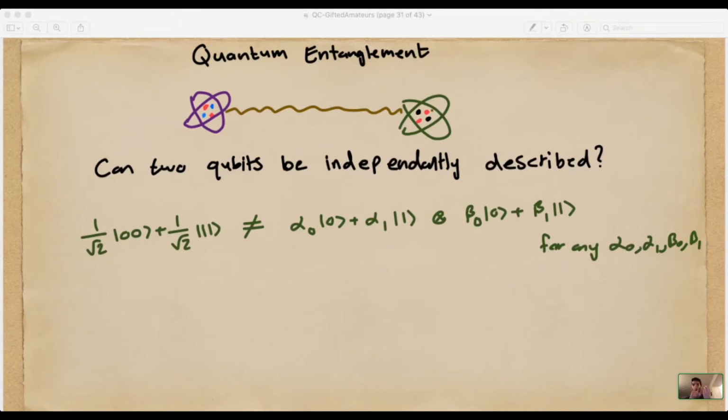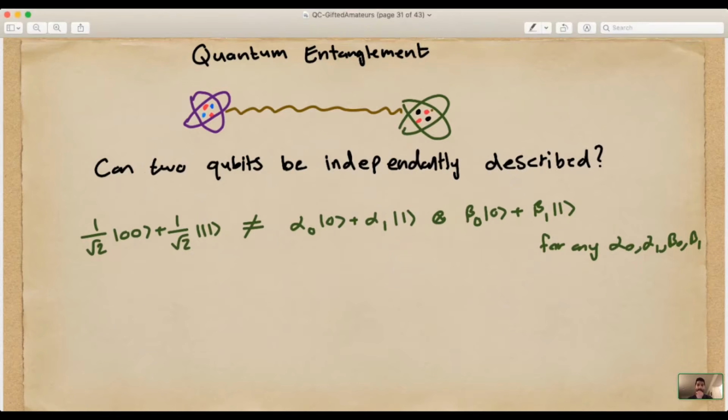It can't be 0, 1 because there's no such thing as 0, 1 here. So my act of measuring my qubit gives me information about what your qubit is. This is why there's this weird spooky action at a distance phenomenon that people talk about in quantum mechanics. Very weird, but very easy to write down once we have the mathematical language to talk about quantum bits, qubits.